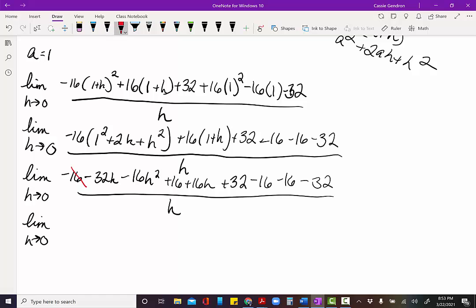The minus 16 and the plus 16 cancel out. The plus 32 and the minus 32 cancel out. One of these should be a plus 16, because I should only have one 16 left.